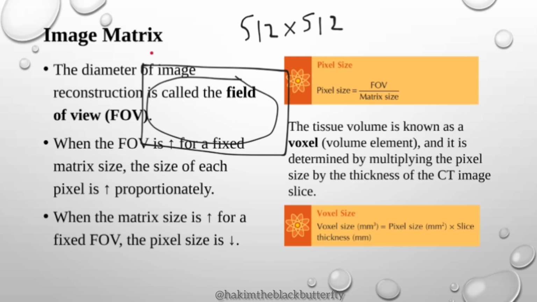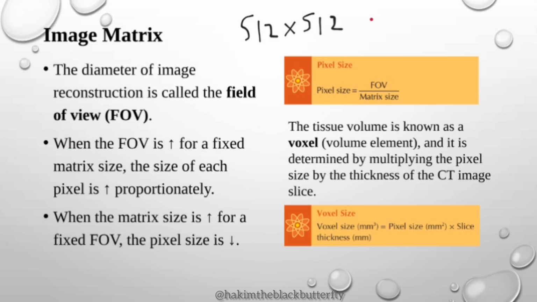Remember, when you increase field of view, you don't change anything on the matrix. You just want to enlarge its display. The matrix number will not change, but in order to fill up all this display, the wider field of view, the matrix size has to increase. And if the matrix size increases, the pixel size has to increase. And if the pixel size increases, it deteriorates the image quality.